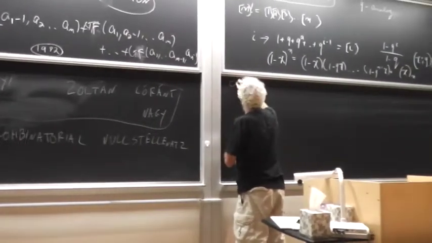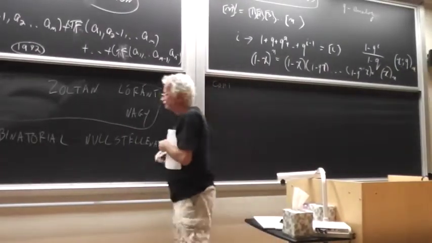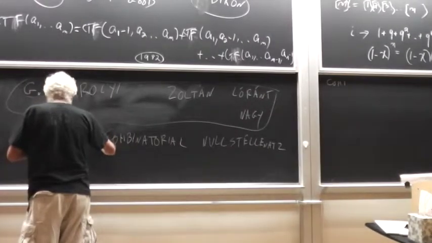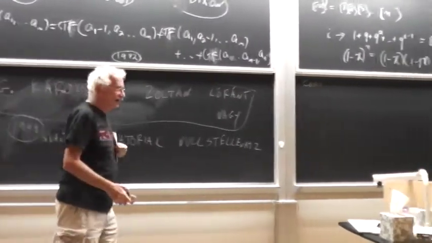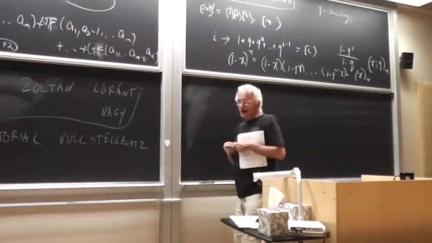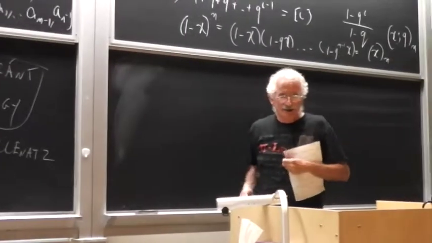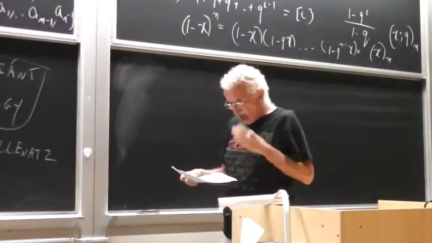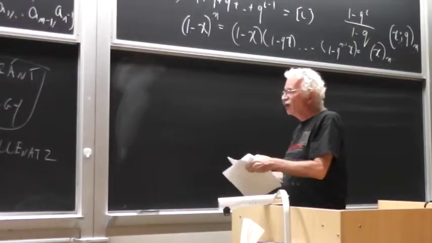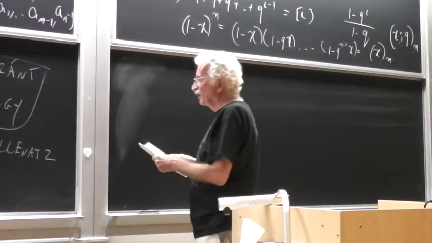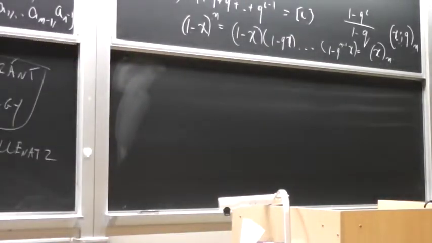So the quantitative version. It is stronger because it gives you some information. So once again, it's about a polynomial, an innocent polynomial. So here's the statement of the quantitative version of the combinatorial Nullstellensatz.